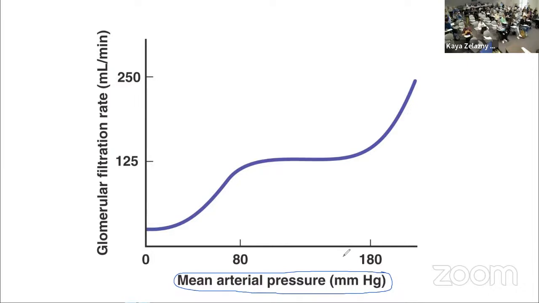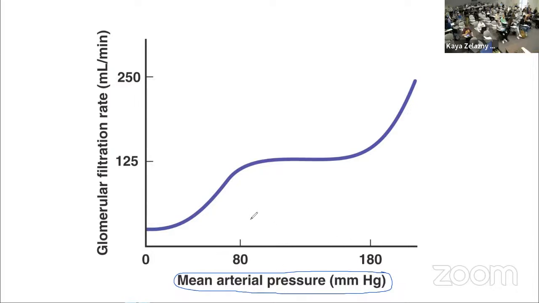So this pressure is essentially going to be affecting one of those main drivers for filtration, that glomerular capillary hydrostatic pressure. If you have a higher blood pressure, you have a higher sort of fluid push on the walls of that capillary. So without regulation mechanisms, you would end up filtering a lot more fluid.